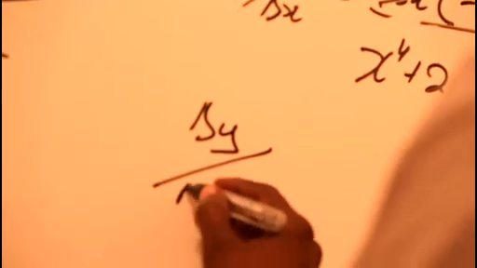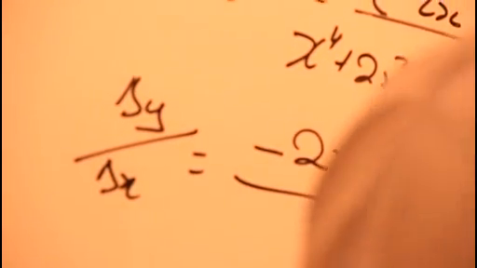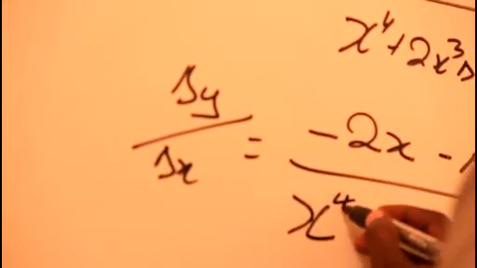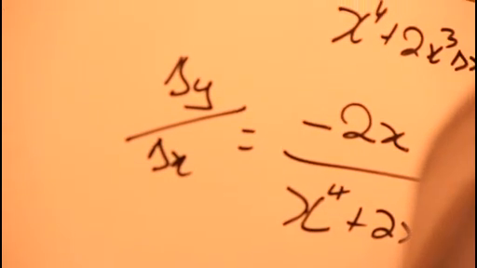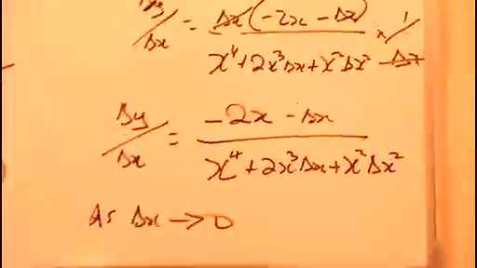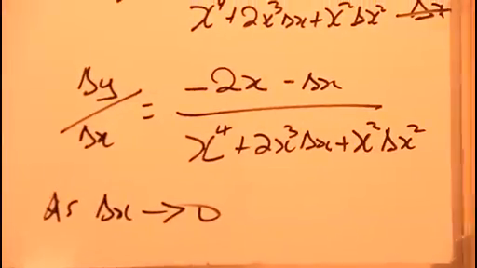Δy over Δx will be equal to minus 2x minus Δx over x to the power of 4 plus 2x to the power of 3 Δx plus x squared Δx all squared. Then as Δx tends to 0, see what happens.